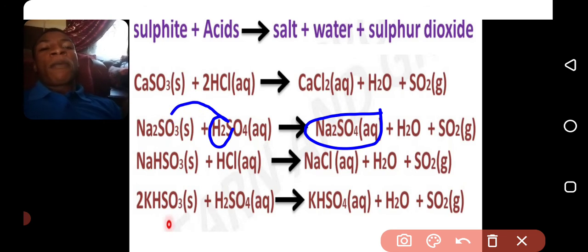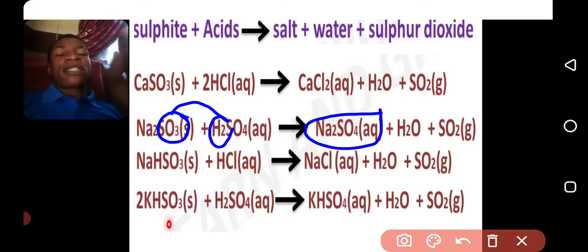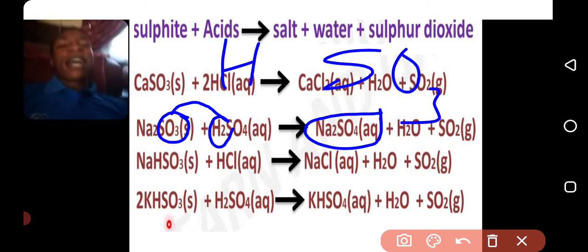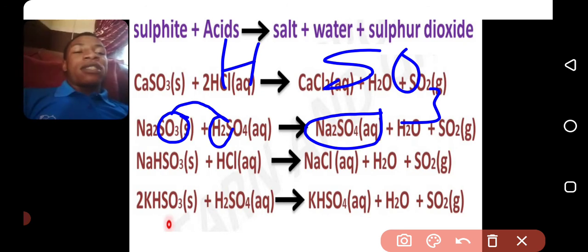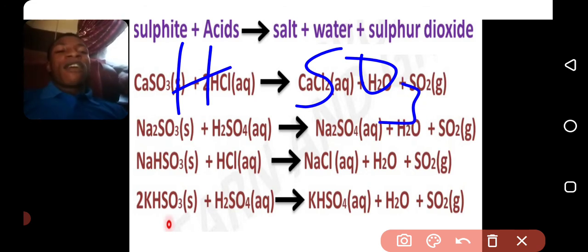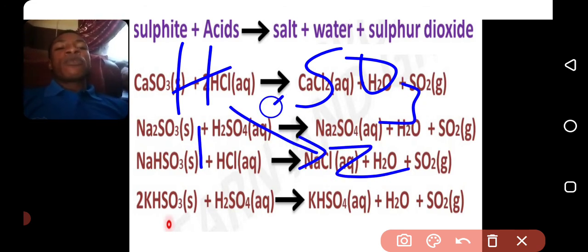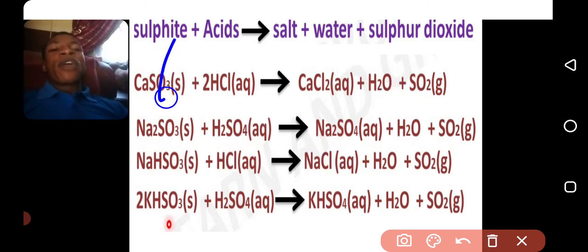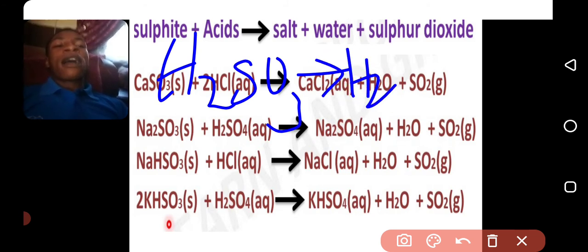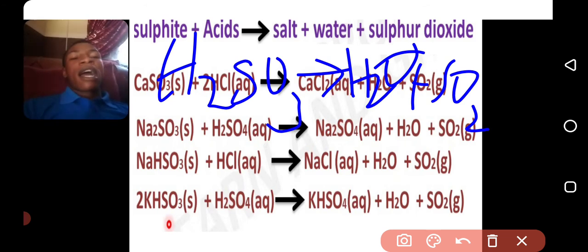Now the H here will pick up the SO3. Don't bother about the 2. SO3 is a combined radical unit. So what happens when you have H and SO3? Valency of H is 1, SO3 valency is 2. That gives you H2SO3. And when you have H2SO3, what's that giving you? Water and SO2.